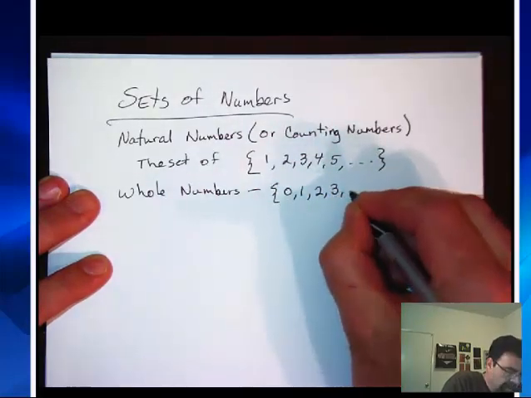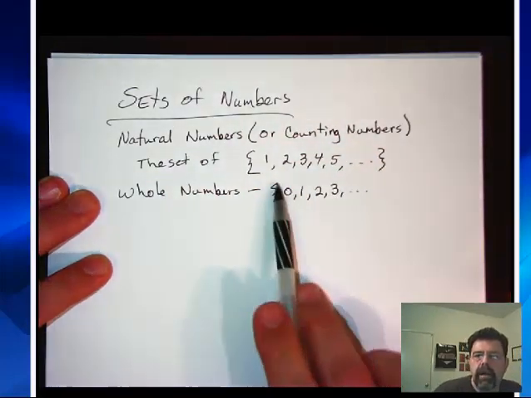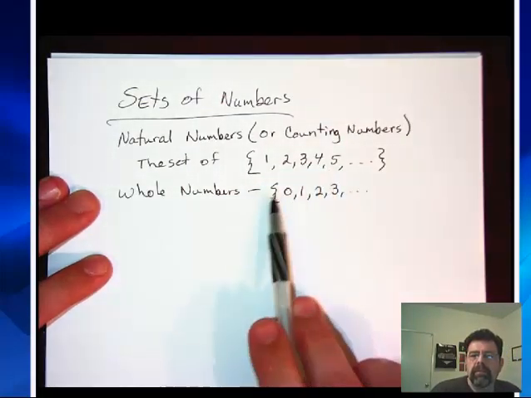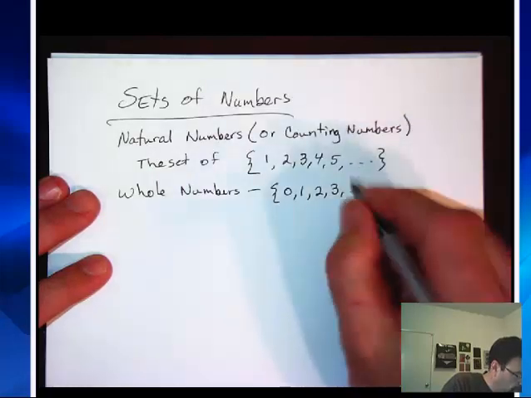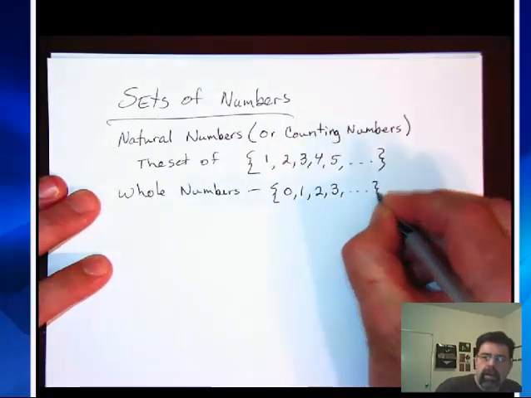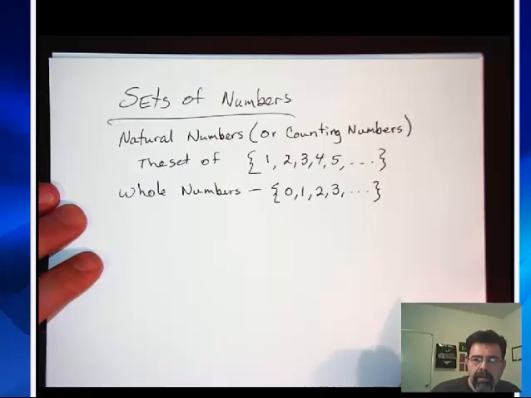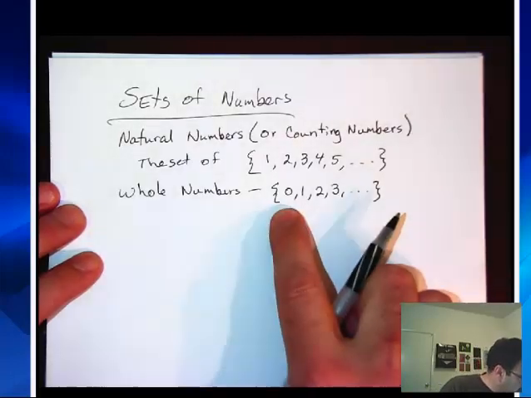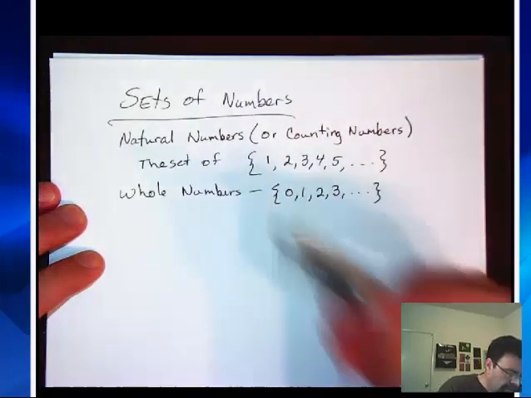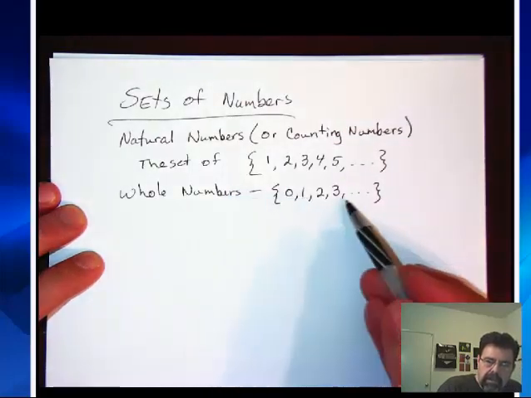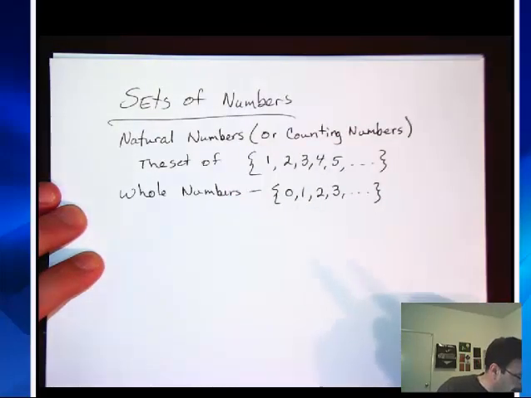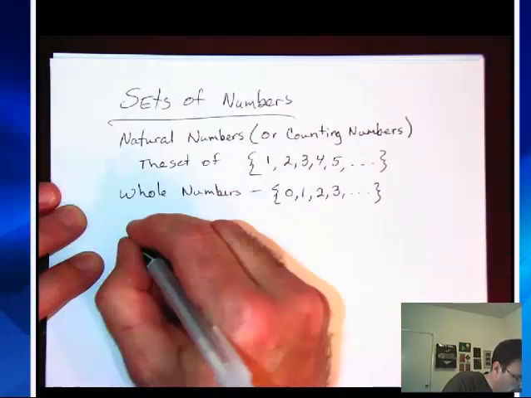And it actually took quite a bit of time between when counting numbers were developed to when we had just a symbol for 0. That was actually a big leap in human thought, believe it or not. Okay, so that's the only difference between natural numbers and whole numbers. So if we're talking about whole numbers, it's the counting numbers plus 0.